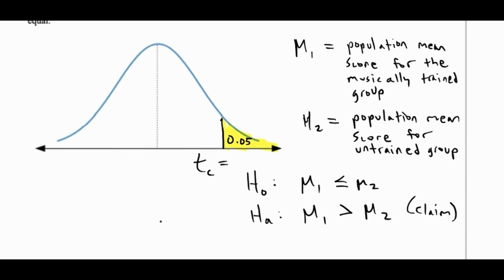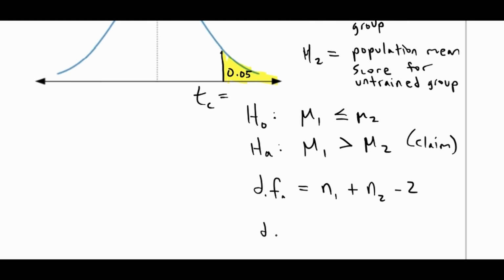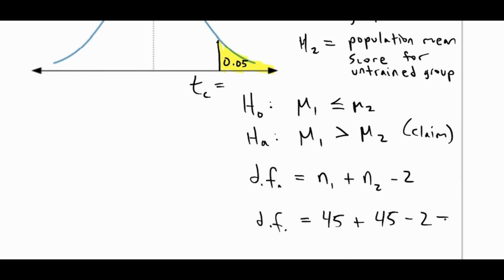Let's do that. N1 was 45, N2 is also 45, so we get 88.